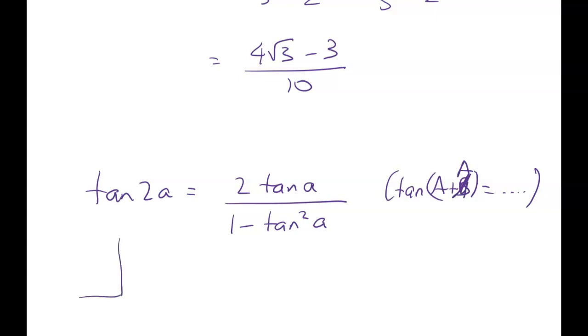So let's look at our 3, 4, 5 triangle. We've got A here, so the opposite is 4, and the adjacent is 3.